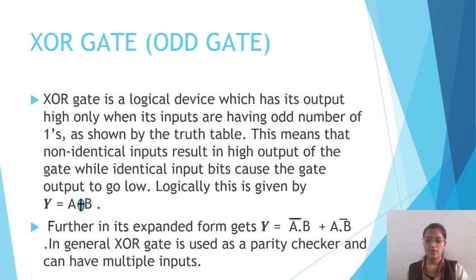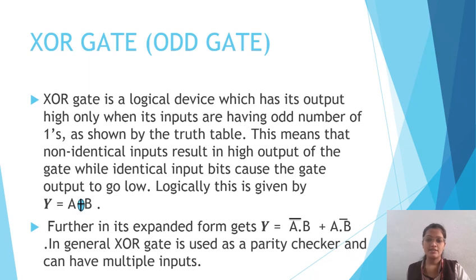XOR gate. The XOR gate is also known as the odd gate. The XOR gate is a logical device which has its output high only when its inputs have an odd number of ones, as shown by the truth table. It means the inputs have an odd number of ones, so that's why it is also known as the odd gate.